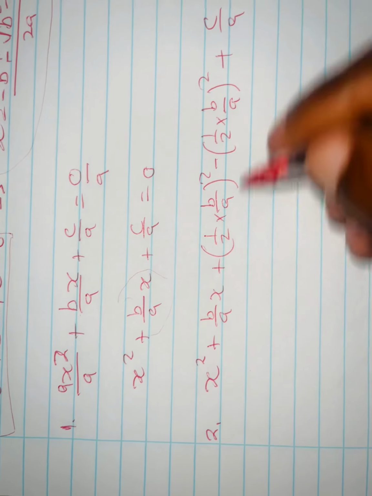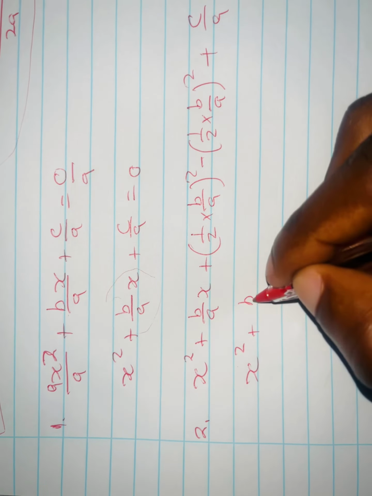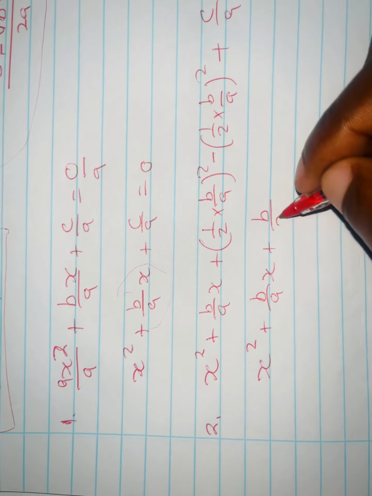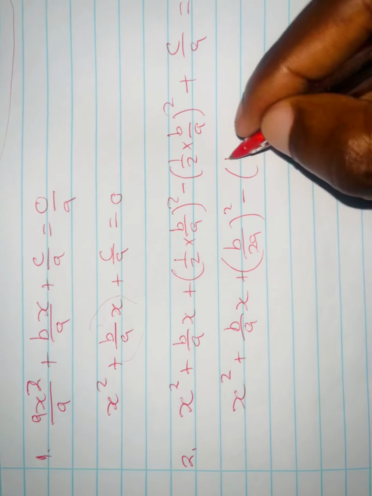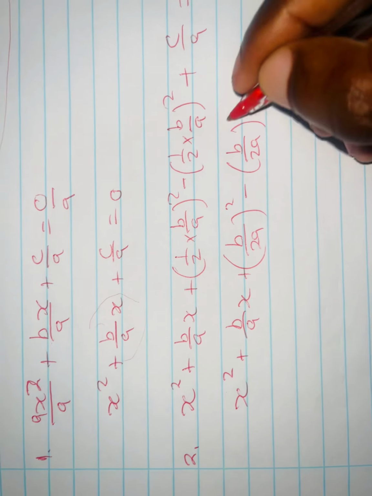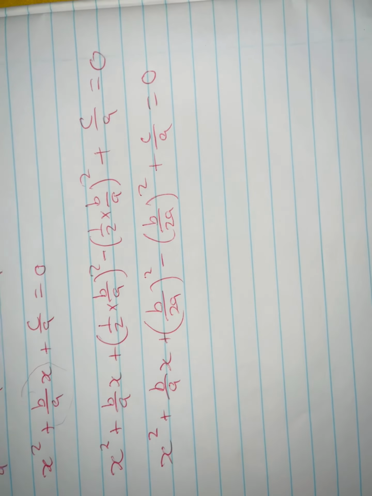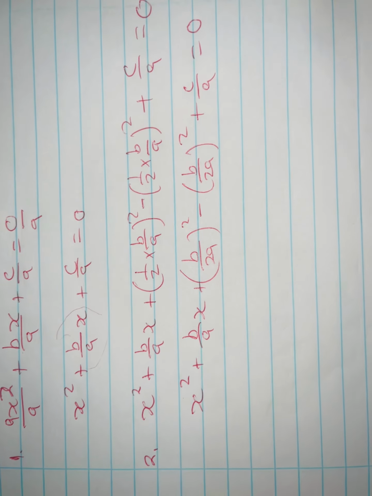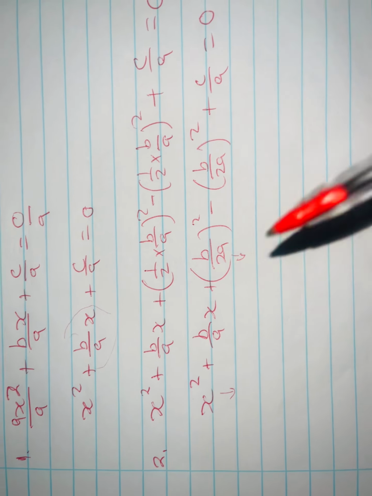Simplified, that is x squared plus b over a x plus b over 2a all squared minus b over 2a all squared plus c over a equating to 0.